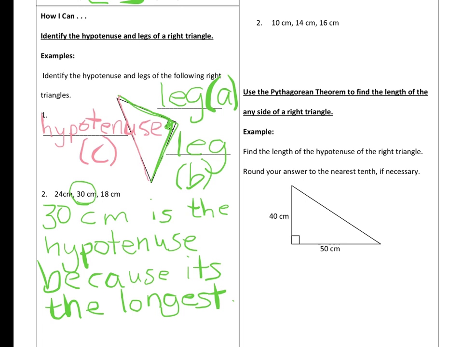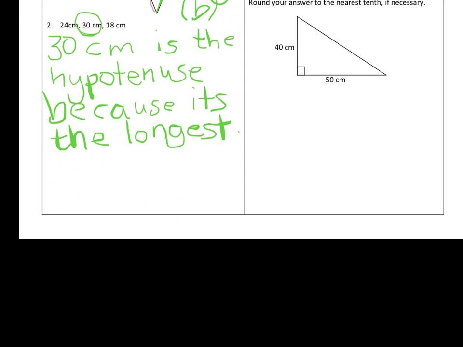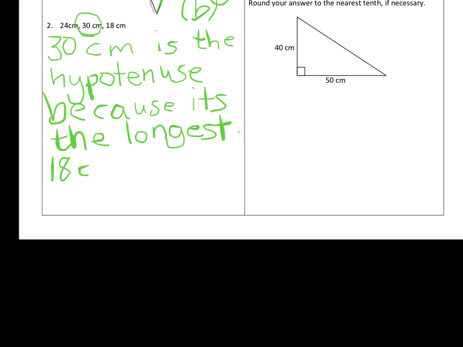Which means that 18 and 24 centimeters definitely have to be the legs.